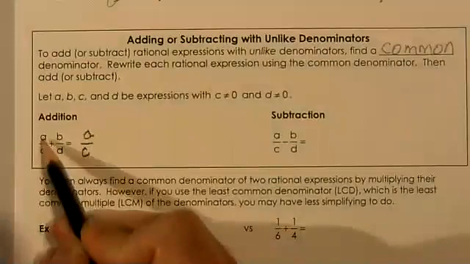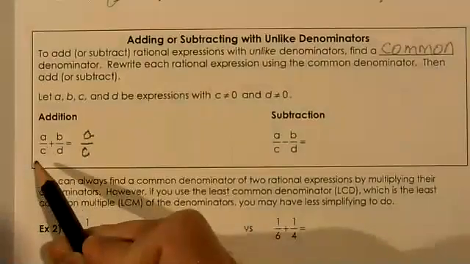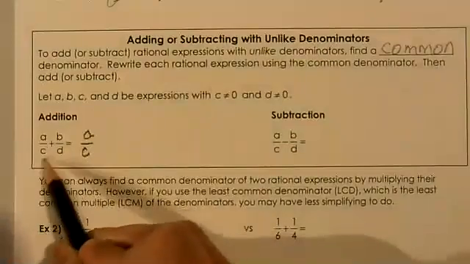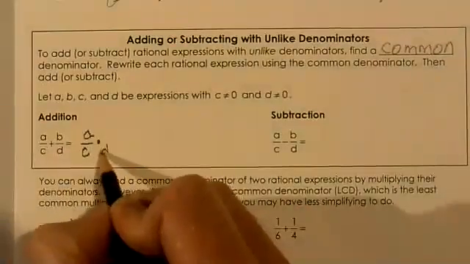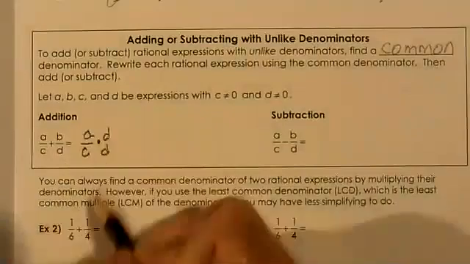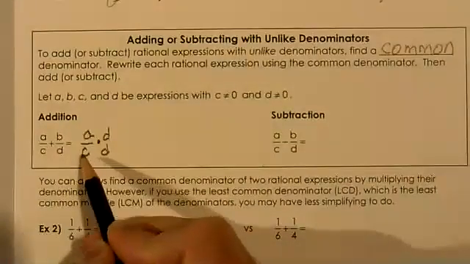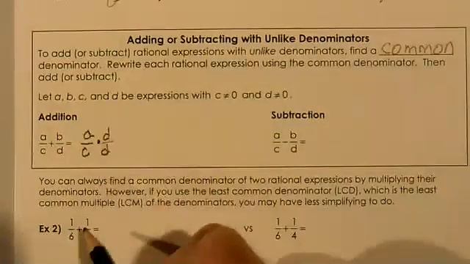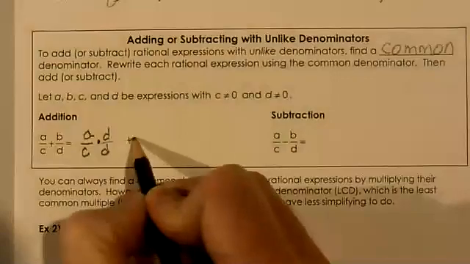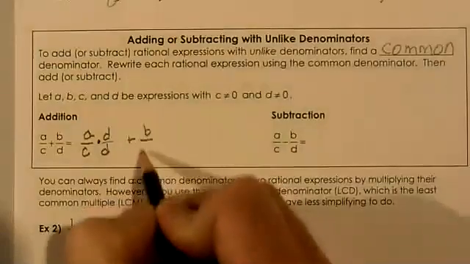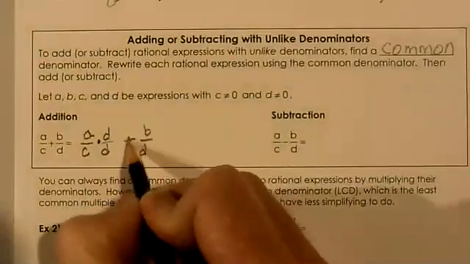So we have A and C. We need there to be a D on bottom also. So I'm going to multiply this fraction by D over D. I'm multiplying this fraction by a value of 1. And I'm going to multiply this fraction by a value of 1.